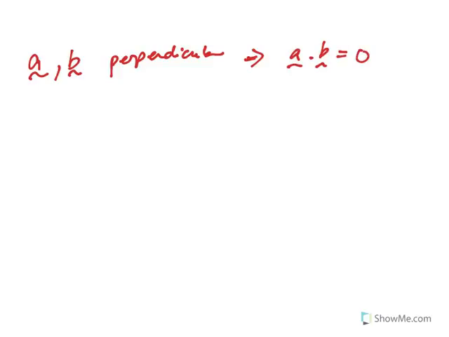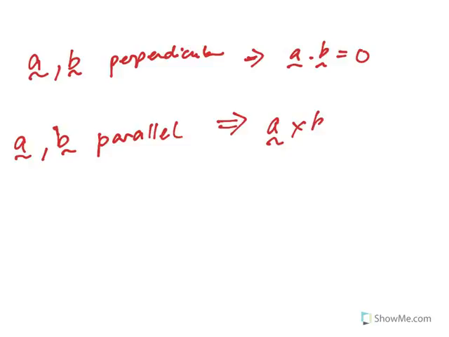Why is this called scalar product? Because it gives you a scalar. A and B are parallel means what? A cross B equals 0. Does it mean that B cross A is also 0? If A is parallel to B, is B parallel to A?